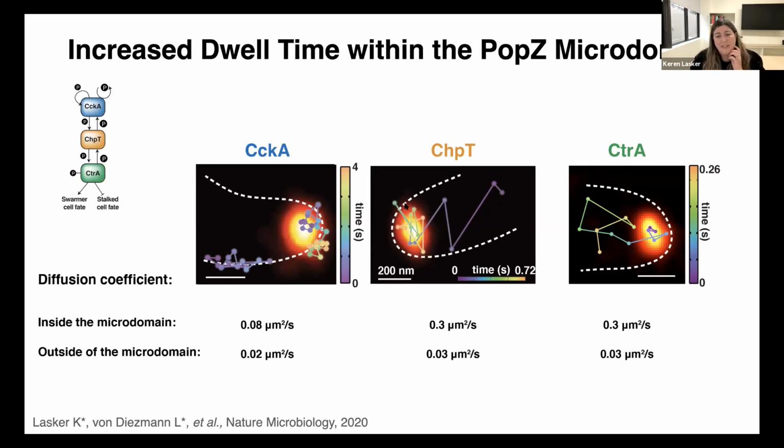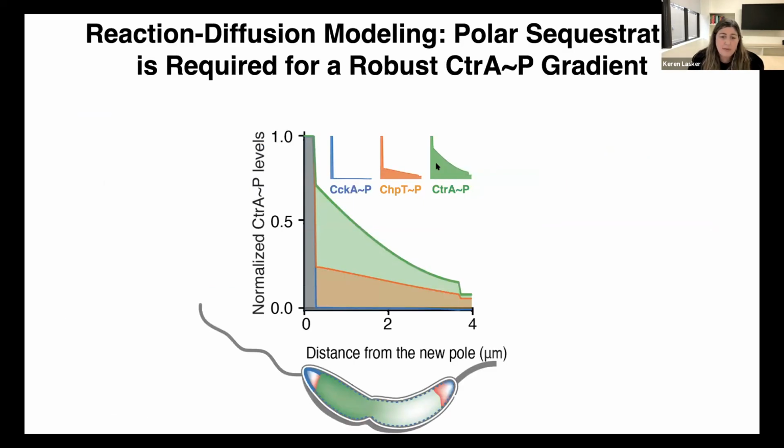So why is it important now to have those three proteins inside the microdomain with this increased dwell time? To understand that, we've done reaction diffusion modeling, and we wanted to understand the benefits of sequestering this density-dependent kinase, CCK, and those substrates inside the microdomain.